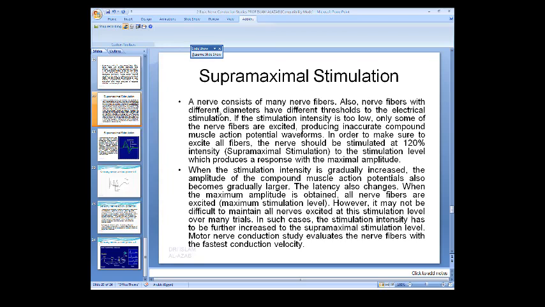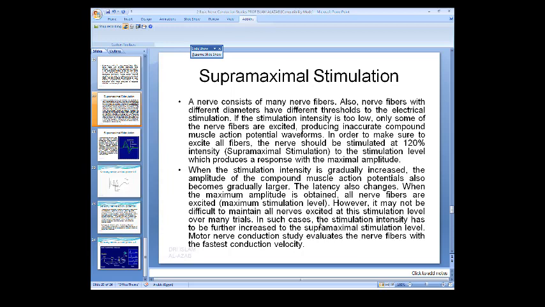Supramaximal stimulation. A nerve consists of many nerve fibers, as we said. When the stimulation intensity is gradually increased, the amplitude of the compound muscle action potential also becomes gradually larger. The latency also changes. When the maximum amplitude is obtained, all nerves are excited, which is the maximum stimulation level. However, it may be difficult to maintain all nerves excited at this stimulation level over many trials.